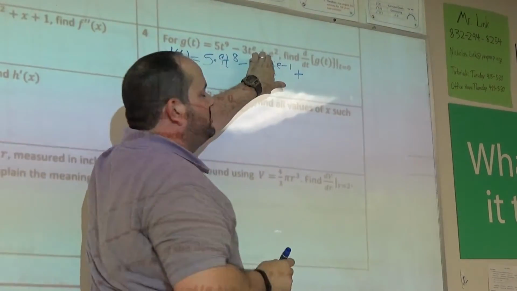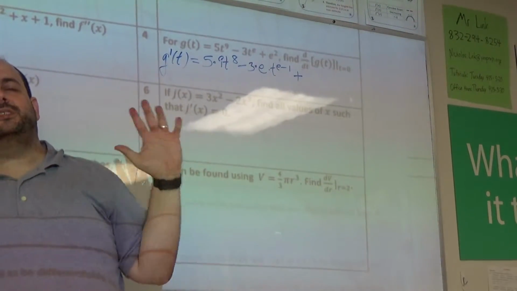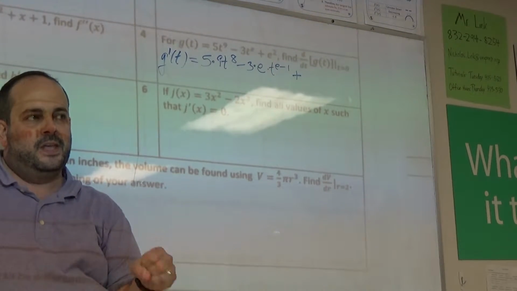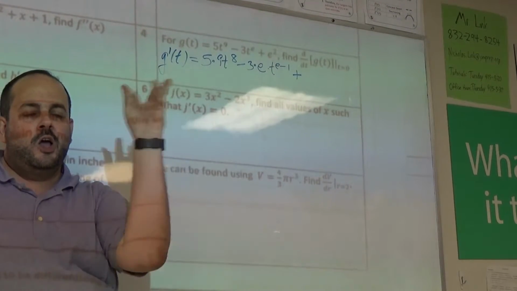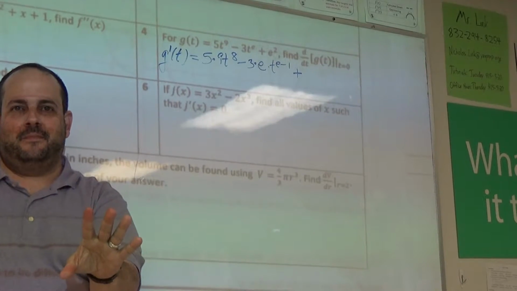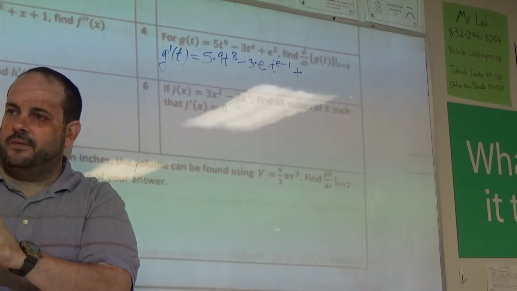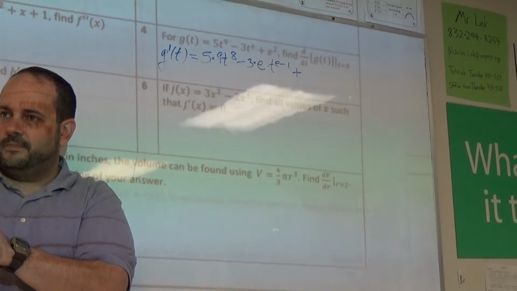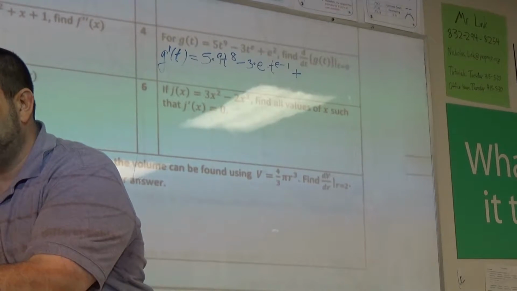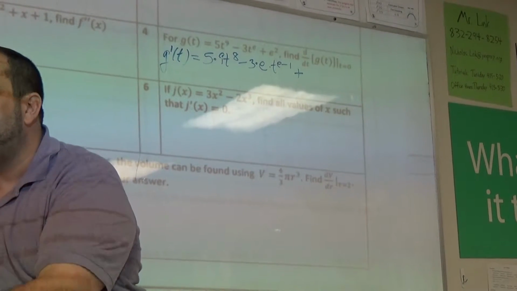Think about this for 3 seconds before you say what the derivative of e squared is. 3, 2, 1. What is it? 2e. Jose, what are your thoughts on this? It's a constant. How do you know this is a constant?